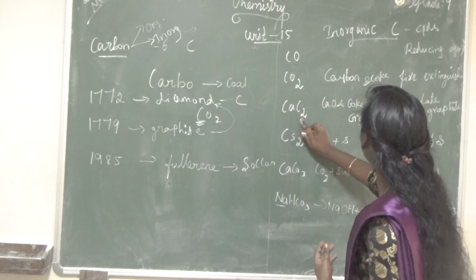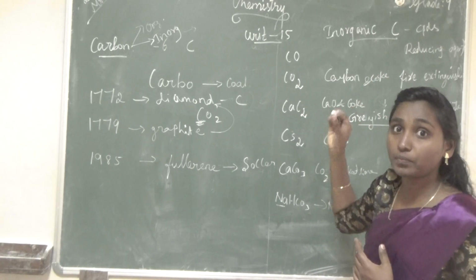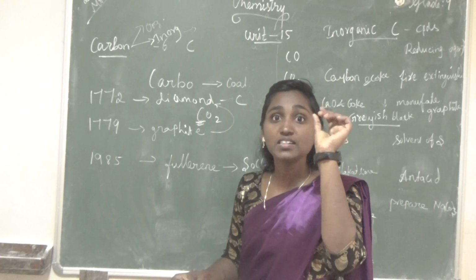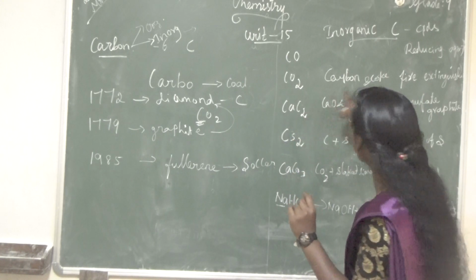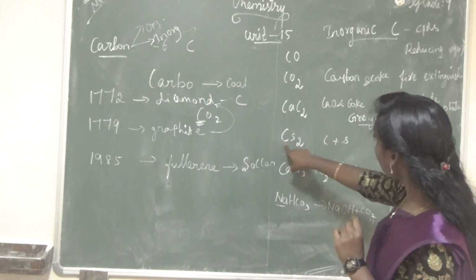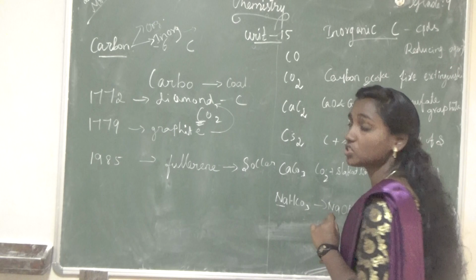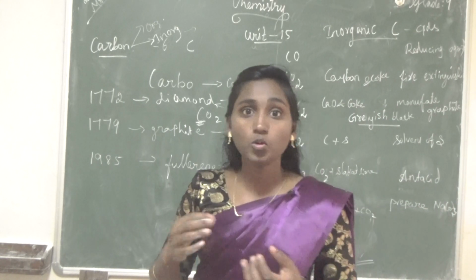Then calcium carbide is used in the manufacturing of graphite. Graphite, you all know, right? The tip of the pencil, we are using the element graphite. So calcium carbide is used to manufacture graphite. Then carbon disulfide is used as a solvent of sulfur. Some salts will dissolve in water, right?